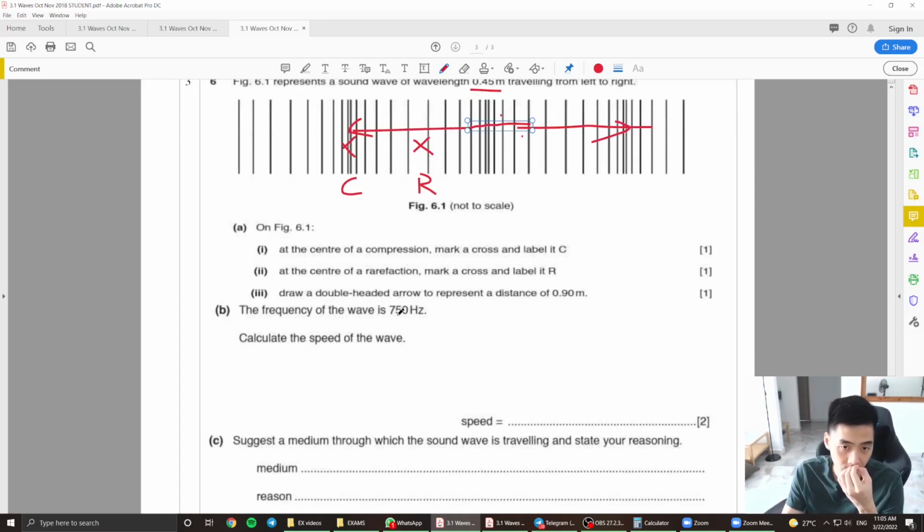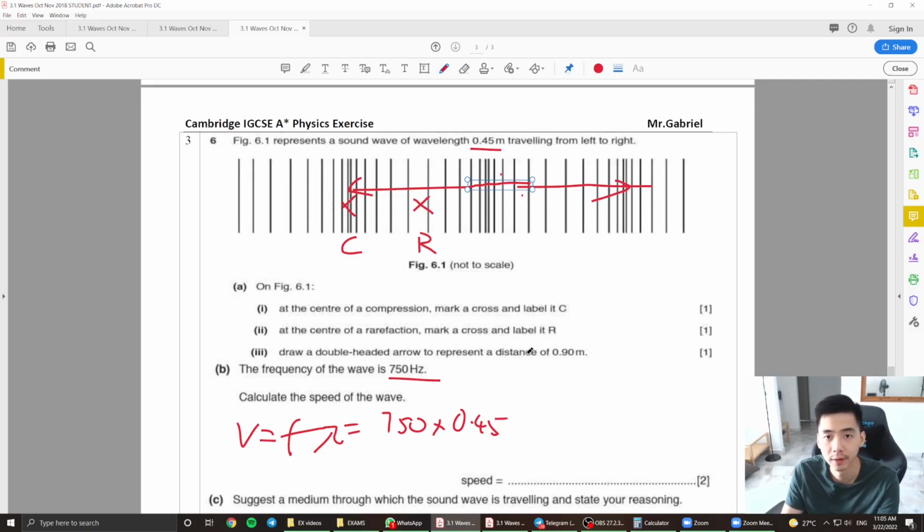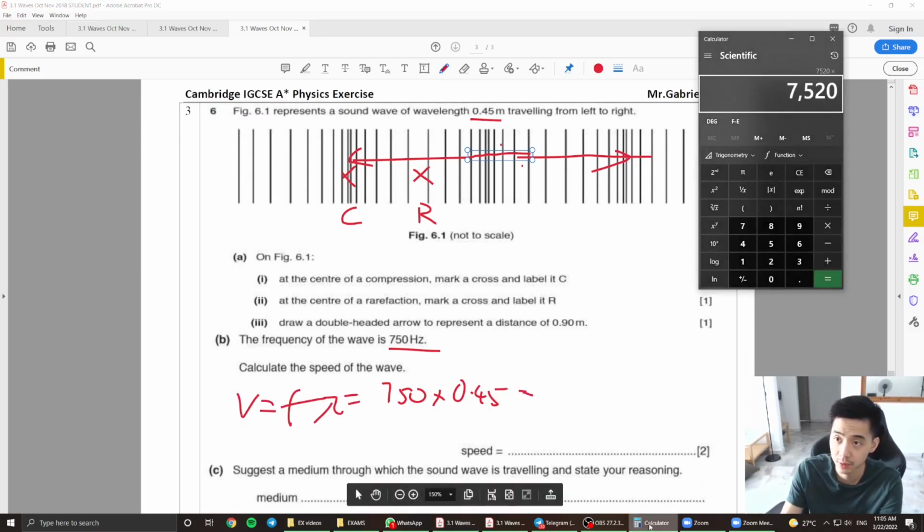The frequency of the wave is 750 Hertz. Calculate the speed. V equals F lambda. The frequency is 750, the wavelength is 0.45. Then press that into your calculator: 750 times 0.45.